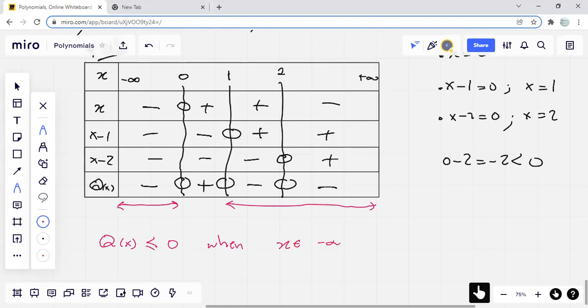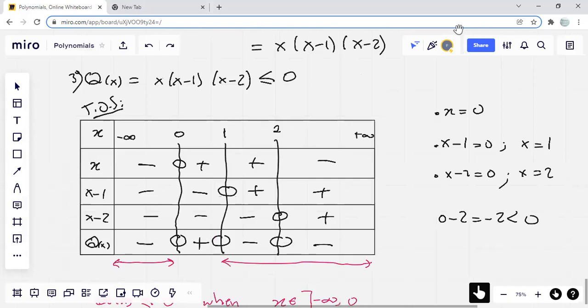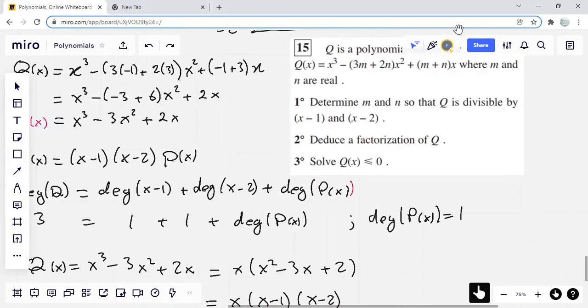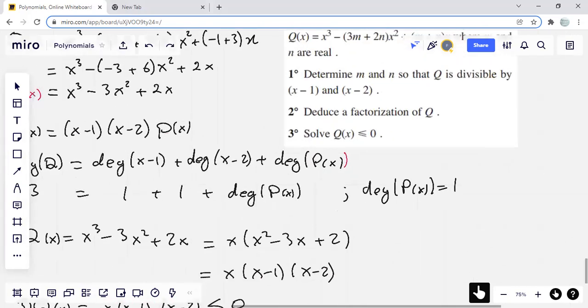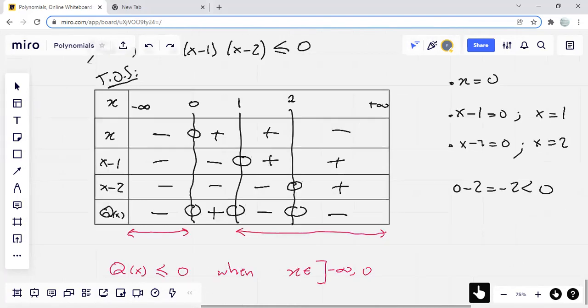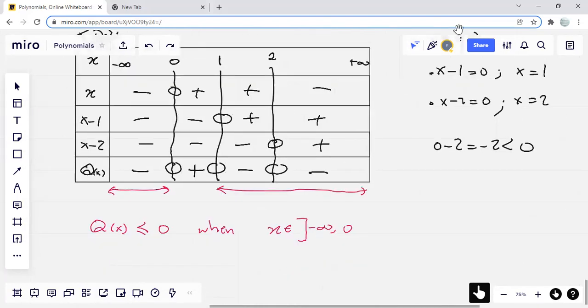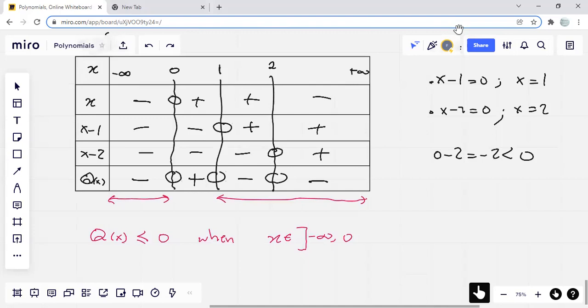From -infinity to 0. Do we want 0, or do we open the interval at 0? Let's check the question. The question needs us to find q of x less than or equal to 0. So they want q of x to be equal to 0. And at 0 here, we can see that q of x is 0. So we want this 0, and union.